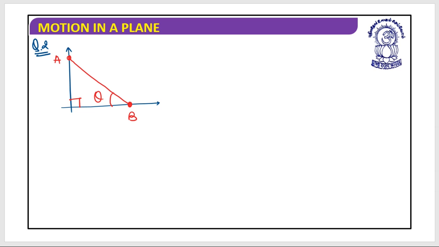This is the angle theta that is given. Now if I start sliding point B, if somehow point B is moving in the positive x direction, then point A will be moving towards this, and after some time the situation will look like this, with point A here and point B here.